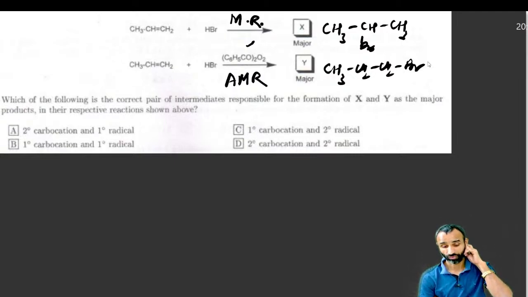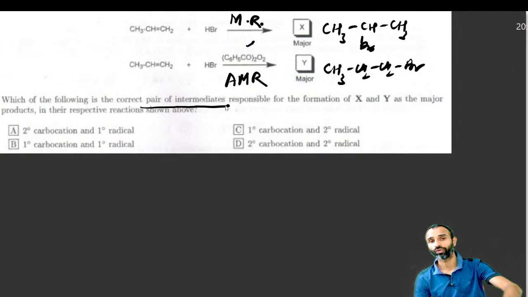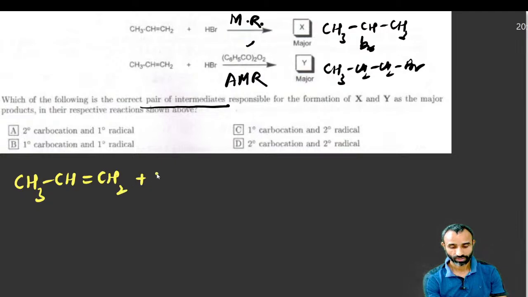Okay, we need to know the intermediates. That means we will go to the mechanism side, right? Yes. So you know that in the first case there is addition of HBr. H is positive, Br is negative.